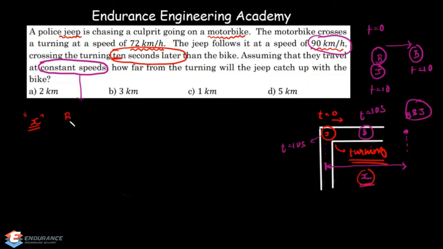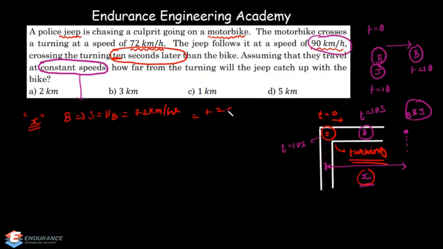The velocity of the bike is 72 kilometer per hour. You can convert it into meter per second if you wish. If I convert, 72 kilometer per hour is 20 meter per second.